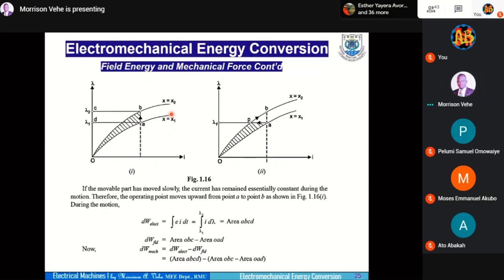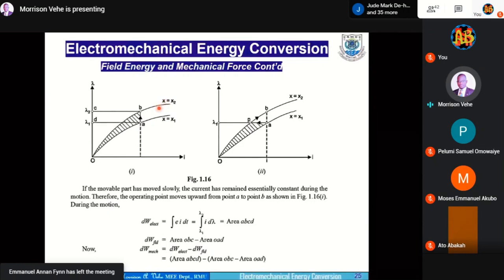So basically you have points A, B, C, D on the lambda-I axis, and we can have lambda-I curves. From position A we move to position B. So from position A we have moved from X to X1, then at position B we have moved from X to X2.